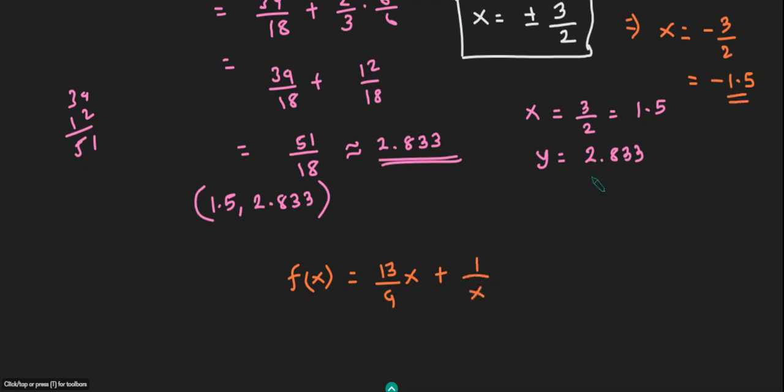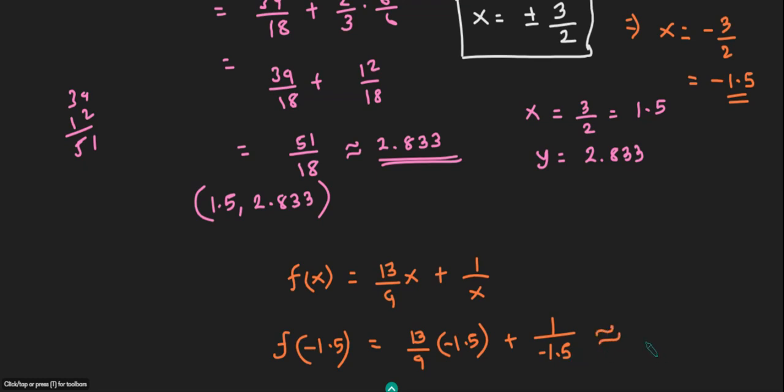Plug in x equals negative 1.5. So therefore this becomes f of negative 1.5 equals 13 by 9 times negative 1.5 plus 1 over negative 1.5.